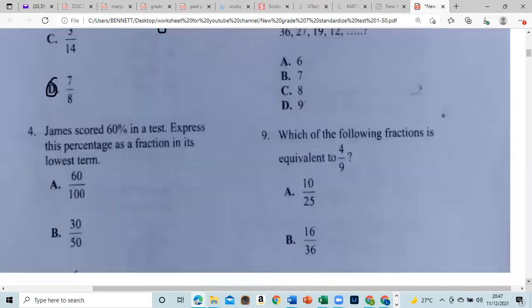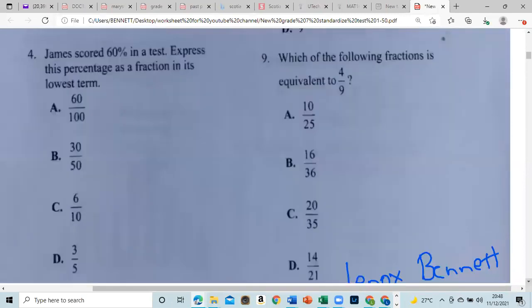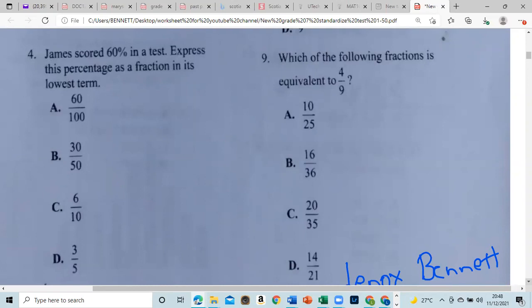All right. Let's look at number 4. And it says, James scored 60% in a test. Express its percentage as a fraction in its lowest terms. Now, my PEP students can tell you that percentage means out of 100, right? So percent means out of 100.